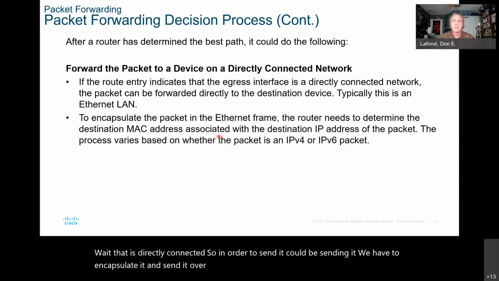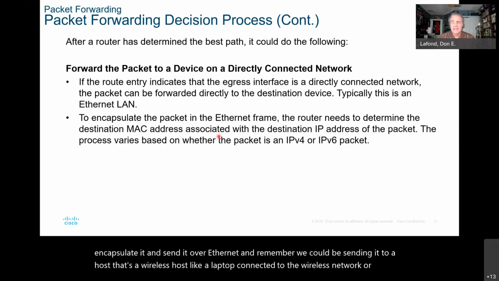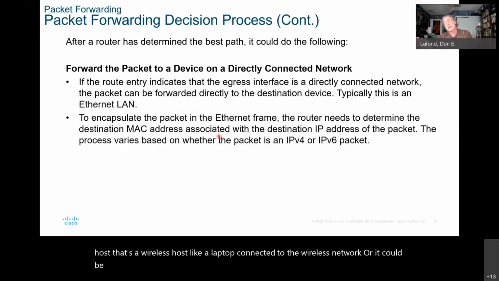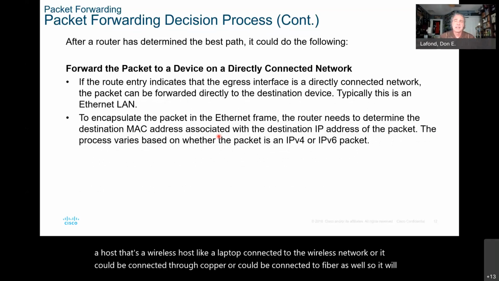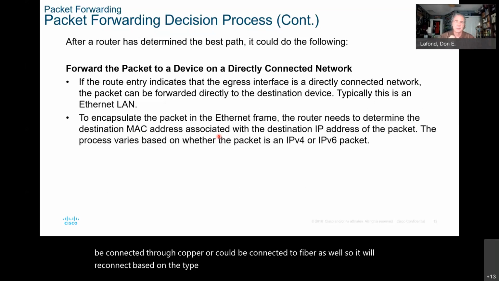And remember, we could be sending it to a host that's a wireless host, like a laptop connected to the wireless network, or it could be connected through copper, or through fiber as well. So it will adapt based on the type of connection. It will encapsulate it with the proper type and send it off.